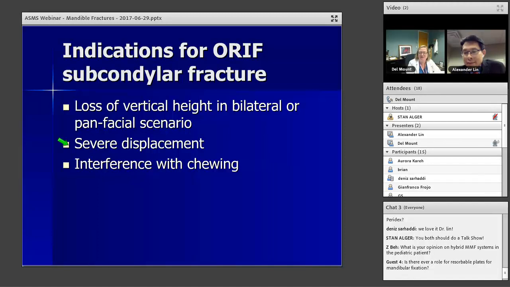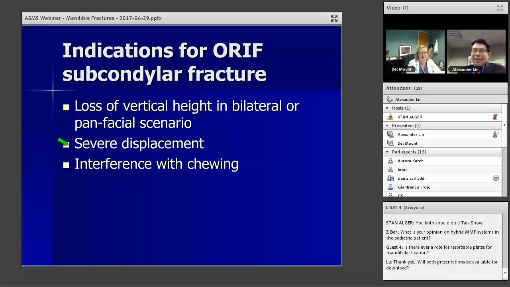Is there ever a role for resorbable plates for mandibular fixation? Yes, in children. I have not used them in adults. There have been a couple of studies that have indicated they have the same strength as titanium in adults. I'm just too chicken. I agree. I'm aware of 2 studies in adults, and for some reason they're both from Korea, which doesn't make any sense to me unless the factory that makes resorbable plates is in Korea.